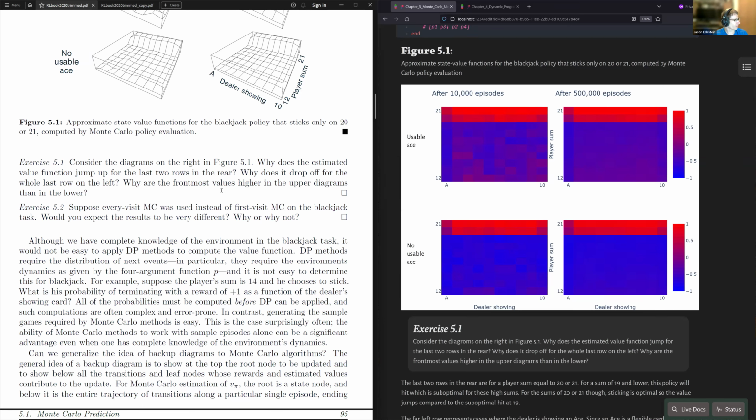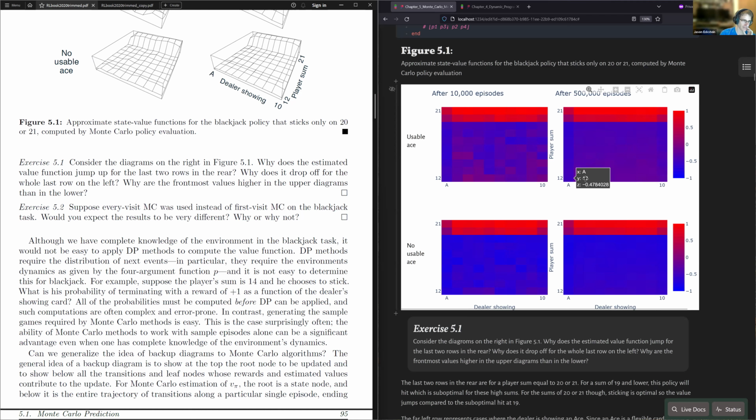And then why are the frontmost values higher in the upper diagram than the lower? These are higher because the player having a usable ace is just better than not having a usable ace. Especially with a sum of 12, because a sum of 12 with a usable ace means two aces.